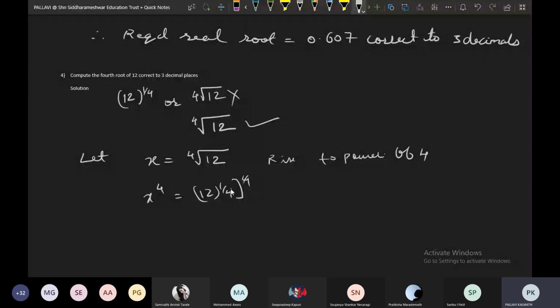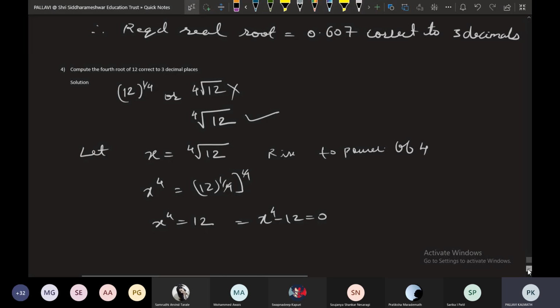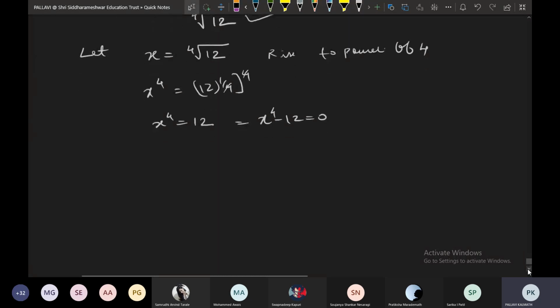It cancels. So is it x raised to 4 equals 12? Or x raised to 4 minus 12 equals 0. Right? So we consider this to be our function. Therefore, let f of x equal x to the 4 minus 12.